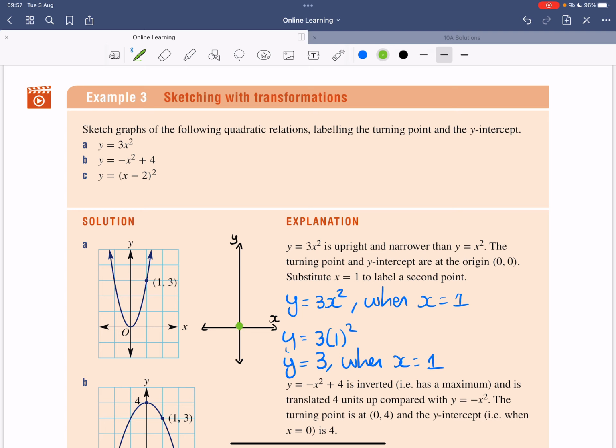And so the only thing that I need to do is put this coordinate that I found when x equals 1, y equals 3. So I'm just going to roughly estimate. So there's x equals 1, there's y equals 3. So the coordinate will be around there, like that, just estimating.